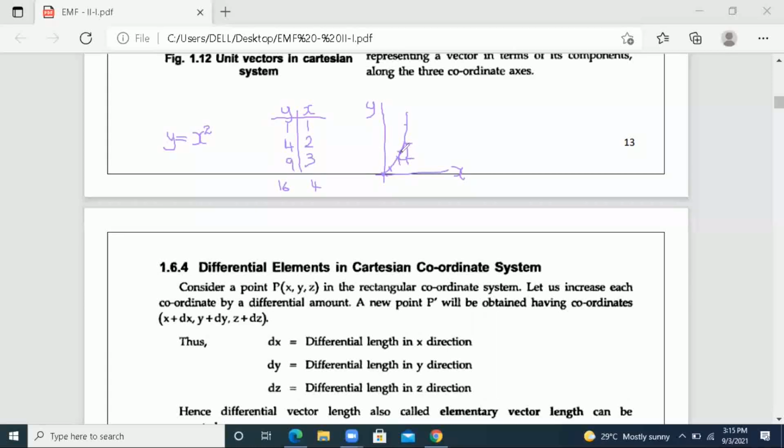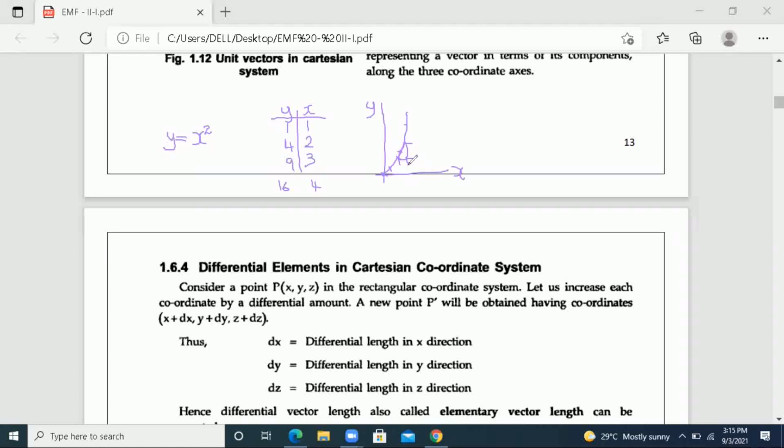And similarly, to go from x at this point to x at this point, we change a very small fraction of x. You agree? Tell me if you agree.